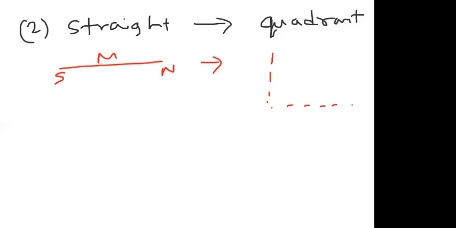Quadrant means the angle subtended at the center is 90 degrees. 90 degrees means I can write pi by 2 radian. This is the magnet, south pole, north pole, bent in the form like this. Here the new magnetic moment is M dash.